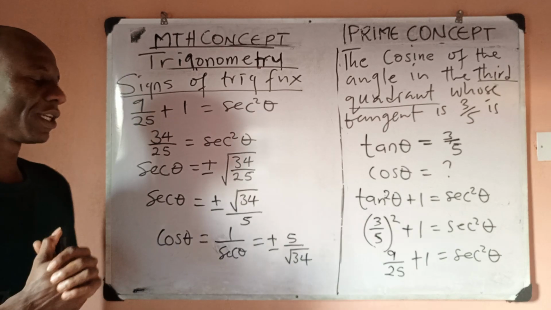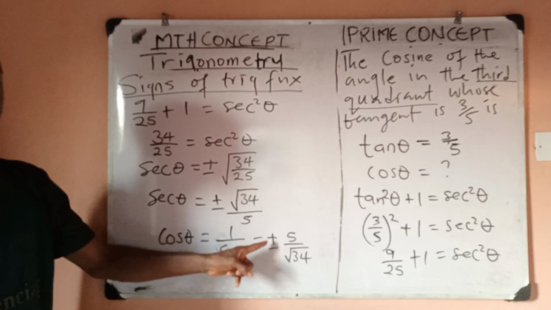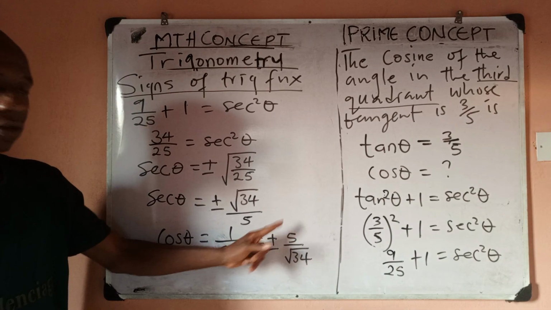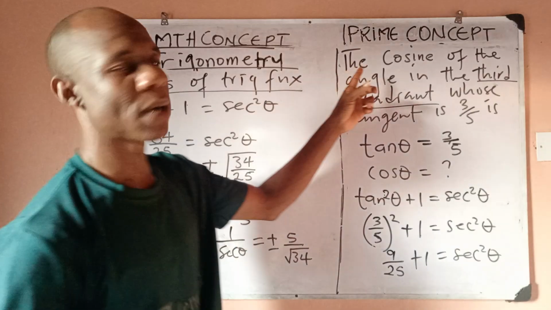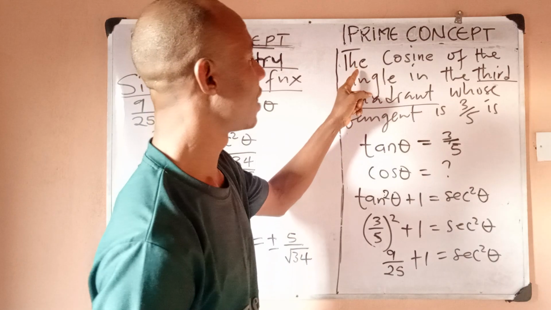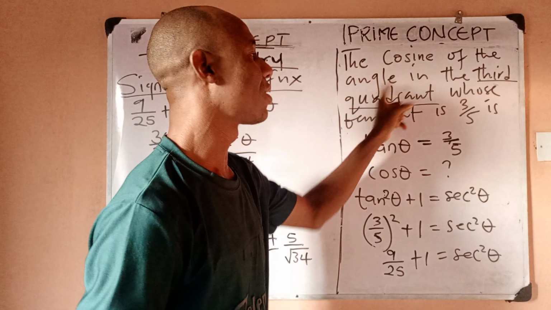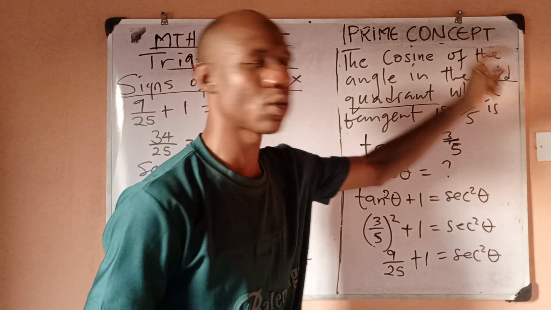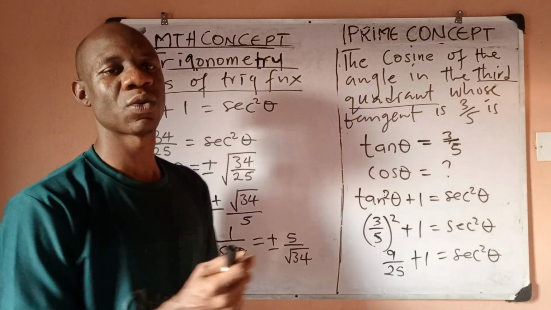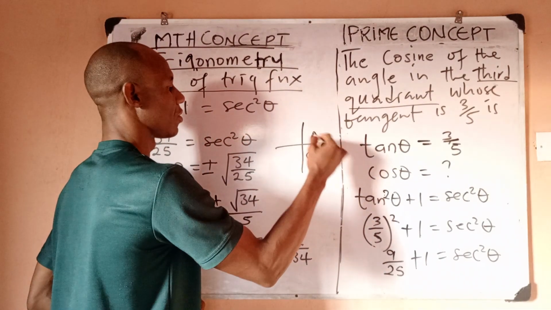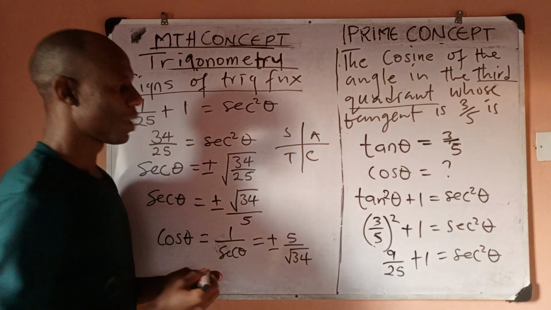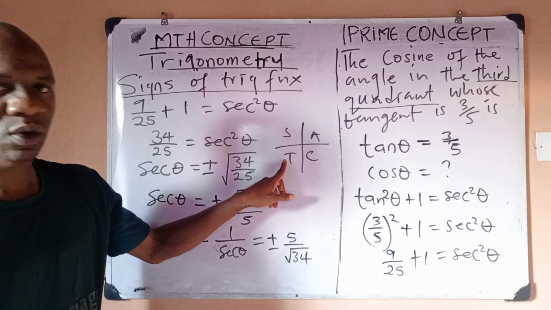Now, but there is a challenge. And what is the challenge? We have two answers here. Either it is positive or you have a negative result. But one of them should be our answer. Now let's go back to the question. The question says the cosine of the angle in what quadrant? In third quadrant. Now what do we know about third quadrant? From our CAST, if you remember, we have already established that this is our third quadrant.